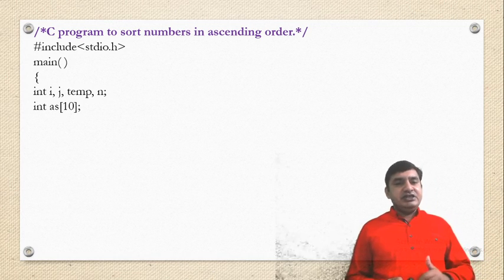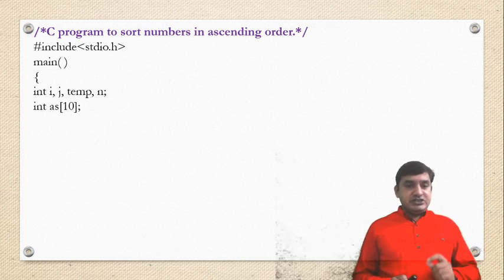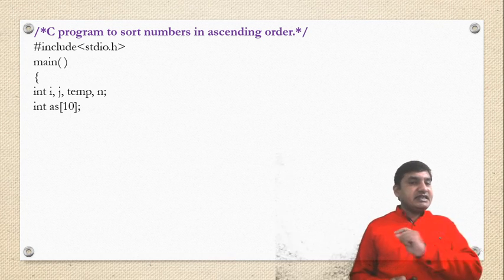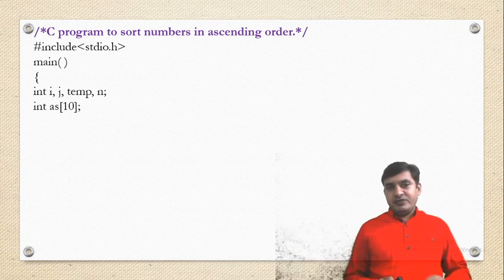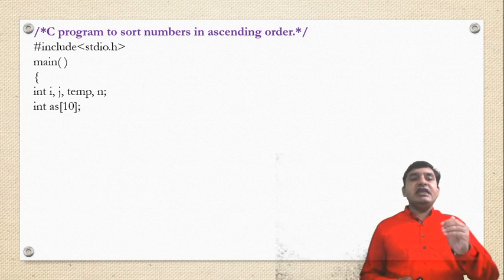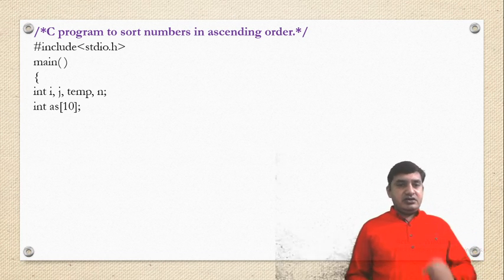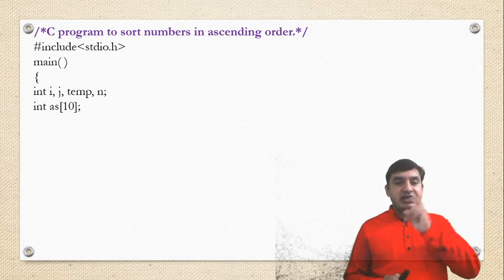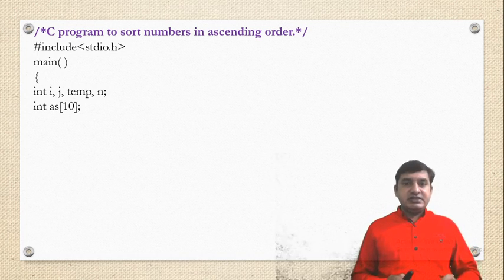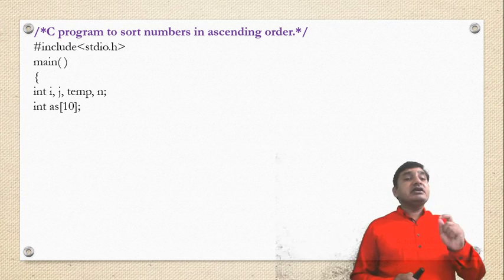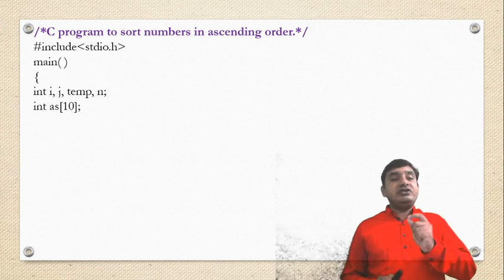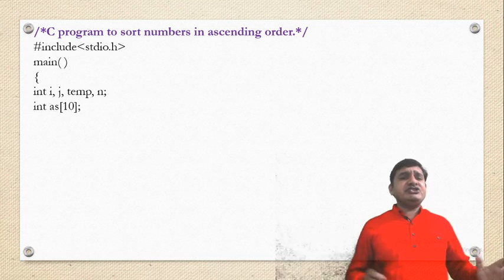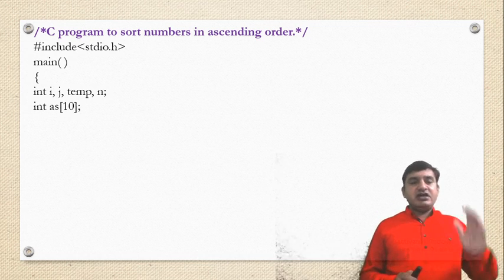n is an integer. Now int as[10], where as represents ascending, and as is the name of the array. 10 represents the size of the array, that is, this array consists of 10 elements and all these 10 elements are integers.